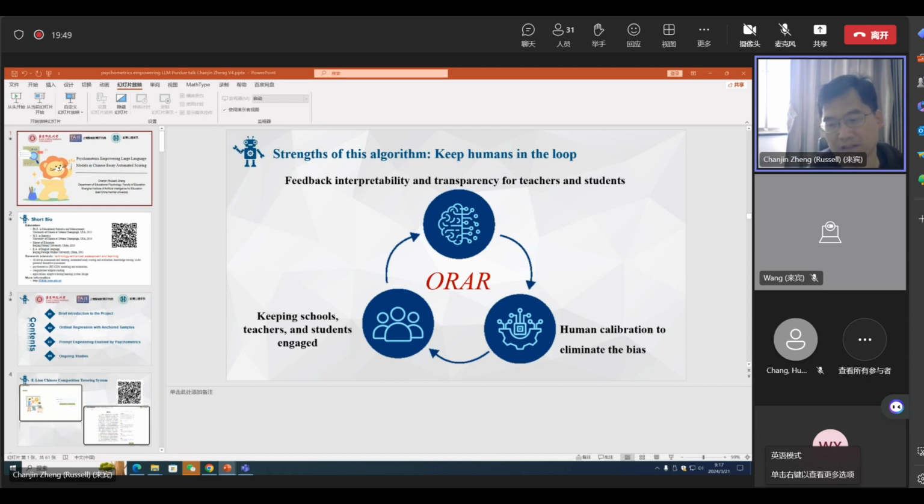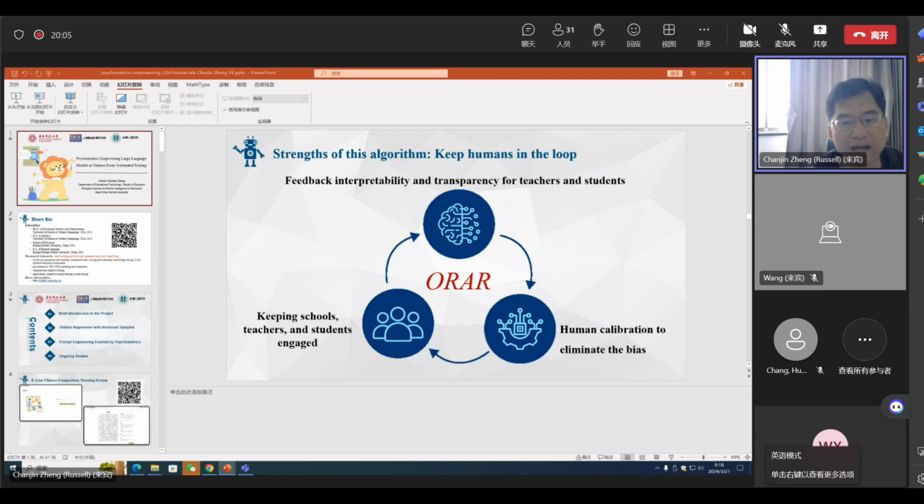If you leave this job solely to a large language model, you might have scoring bias. But in our algorithm, we can do this calibration in daily life.